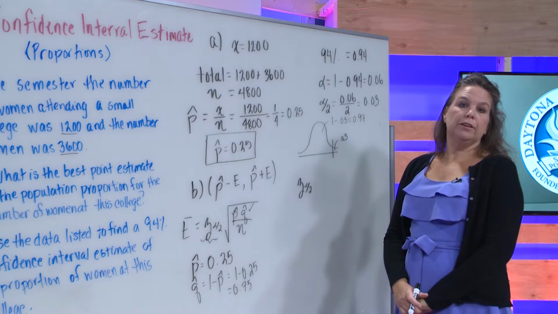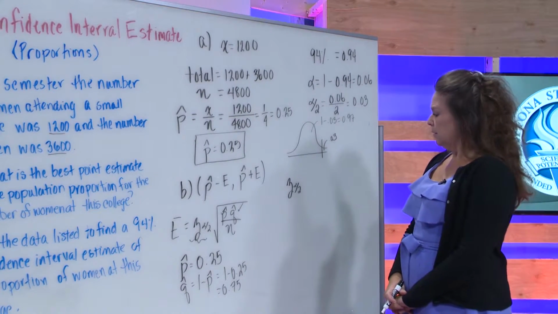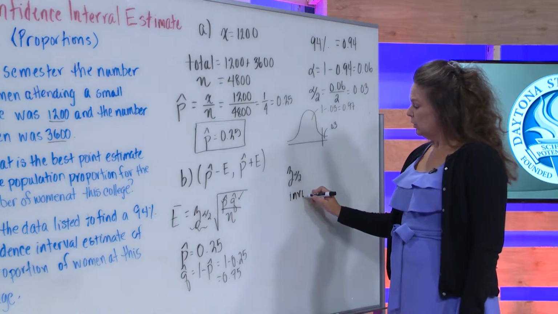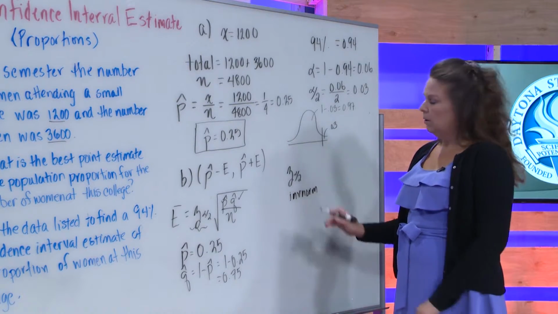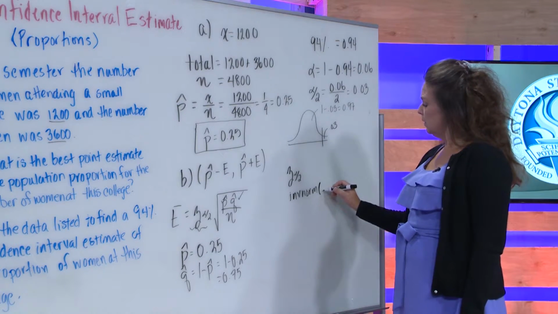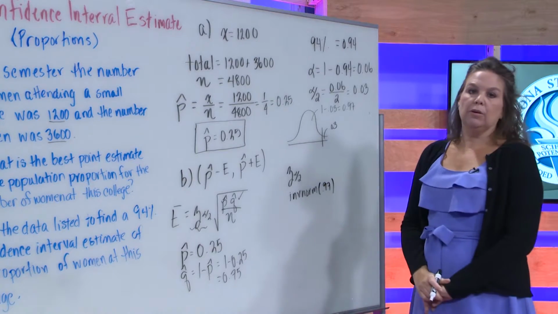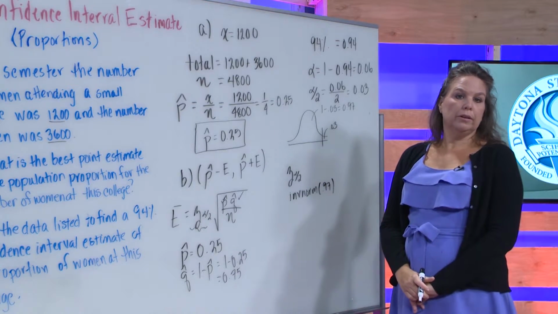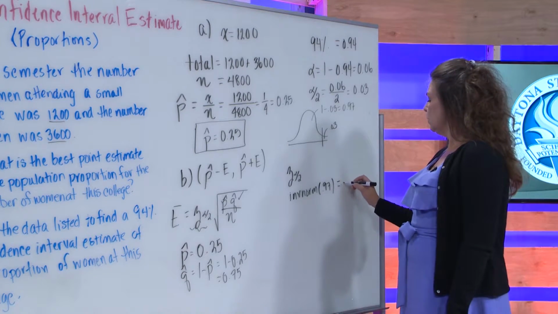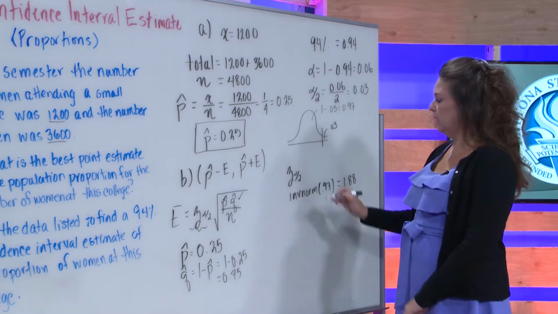We have some calculator videos that you can watch to find the critical value, but a function I'm going to use is called inverse norm on the calculator, and I'm going to do inverse norm of this area 0.97. If I do that and round the critical value to 2 decimal places, I get approximately 1.88.